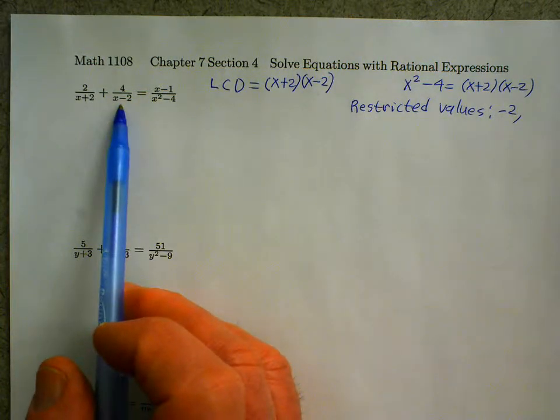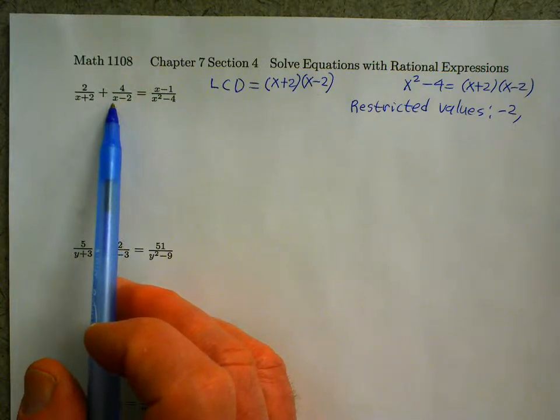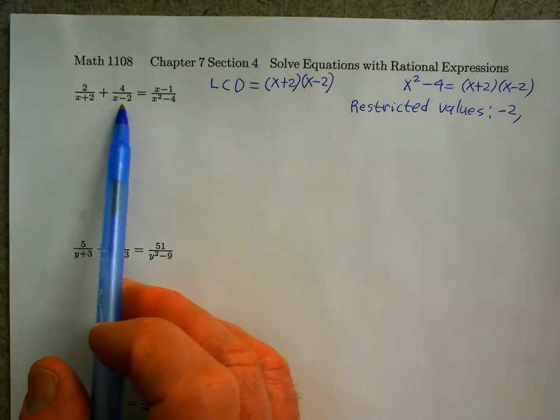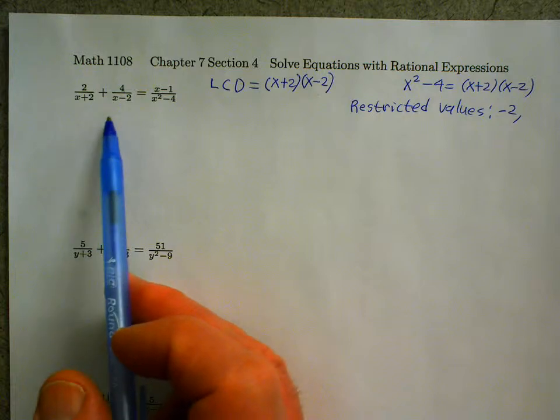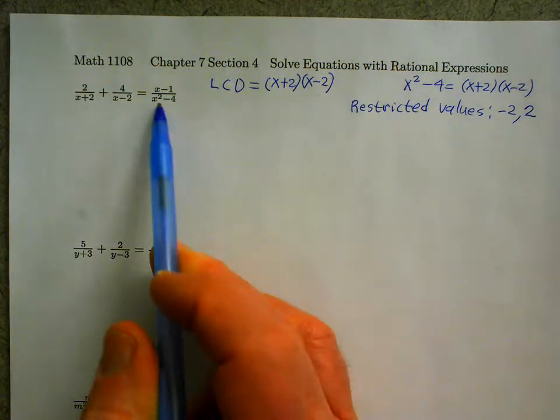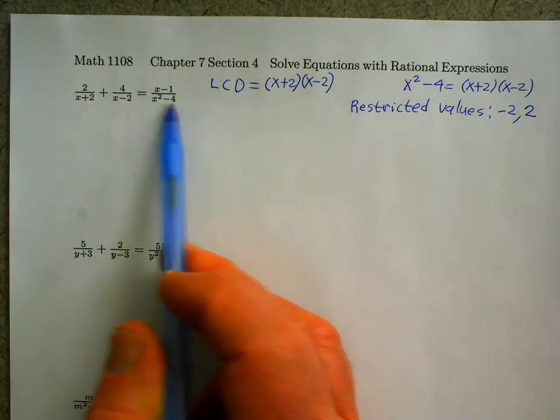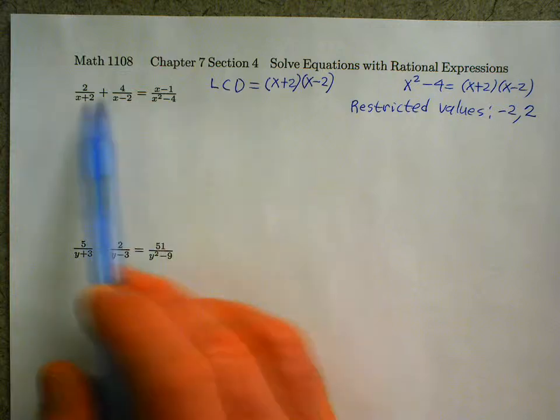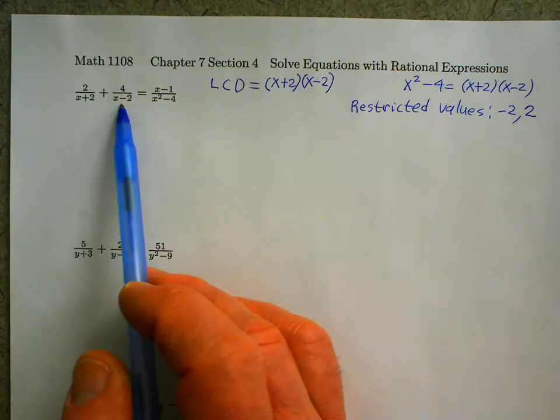Then the next denominator, x minus 2, what x value makes x minus 2 0? Positive 2. The other denominator is already taken into account, x squared minus 4. X squared minus 4 is just x plus 2 times x minus 2.